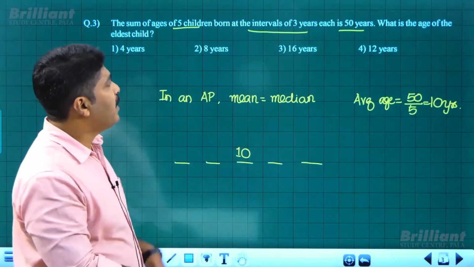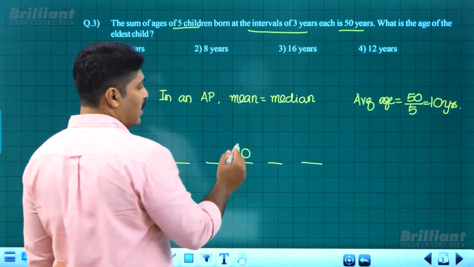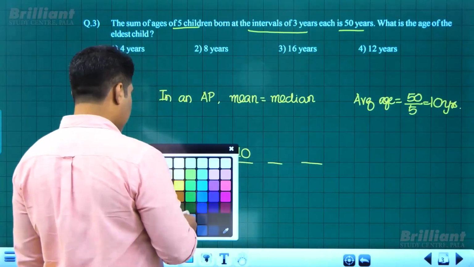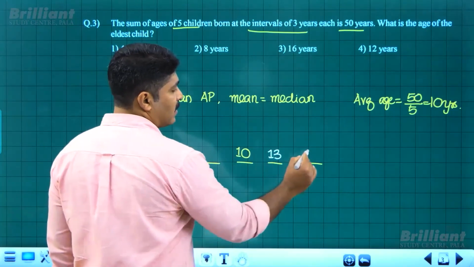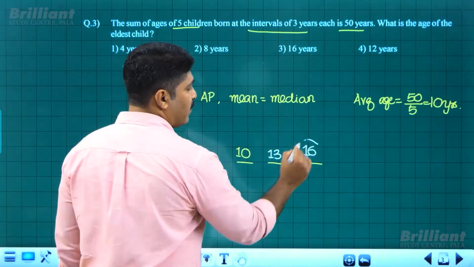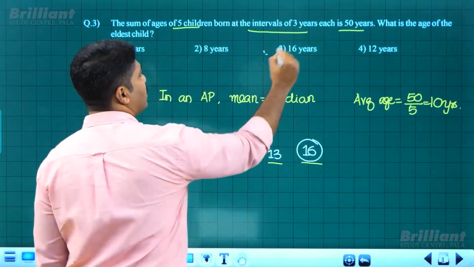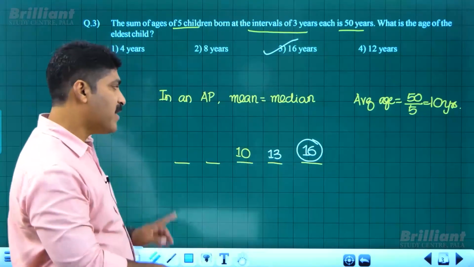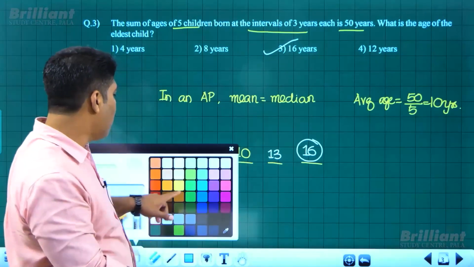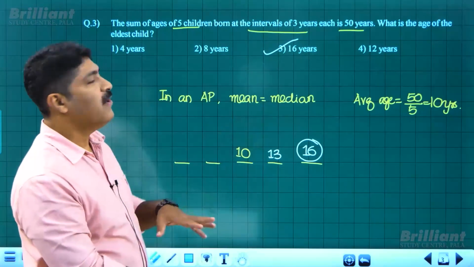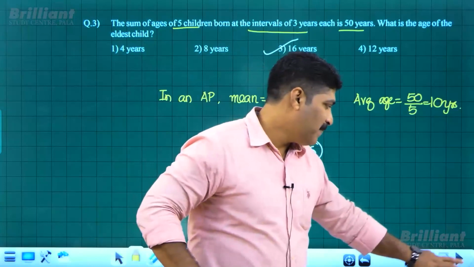Then what we have to find out is the age of the eldest child. If the middle is 10, we can consider the rest of the ages with a 3 years difference. This is 13, this is 16. So the age of the eldest person is 16 years. Understand that logic? Because it's an arithmetic progression. With the help of this basic understanding, we can reach the conclusion easily.